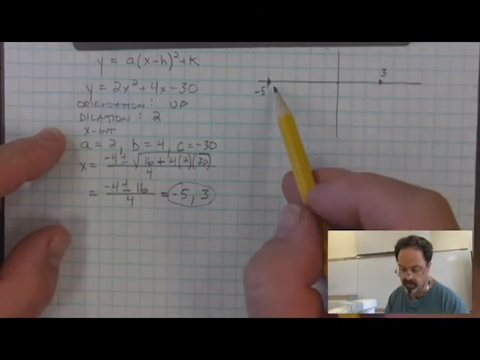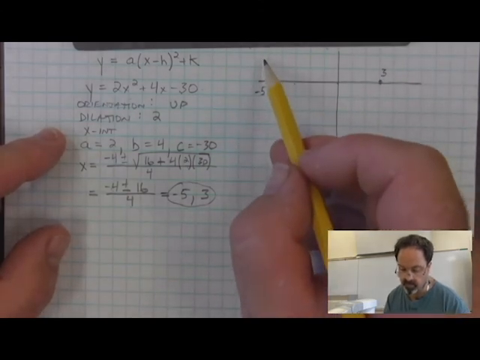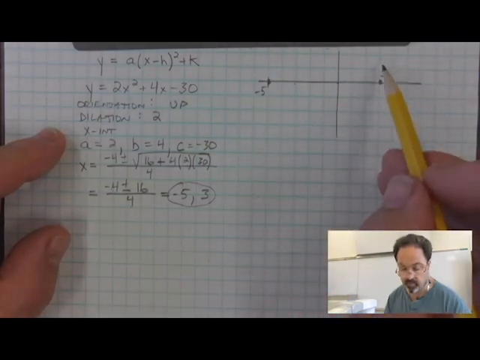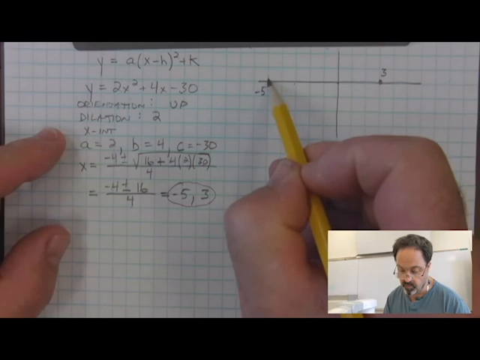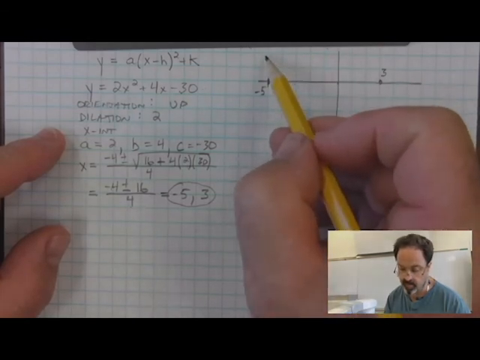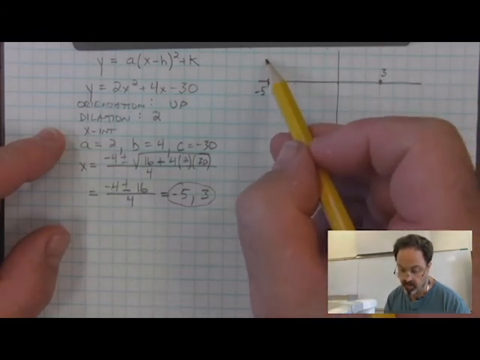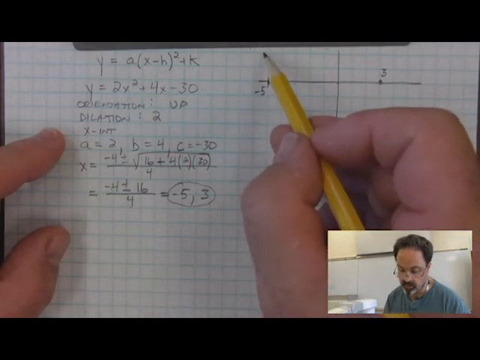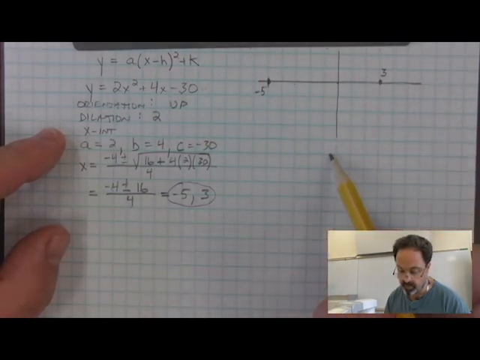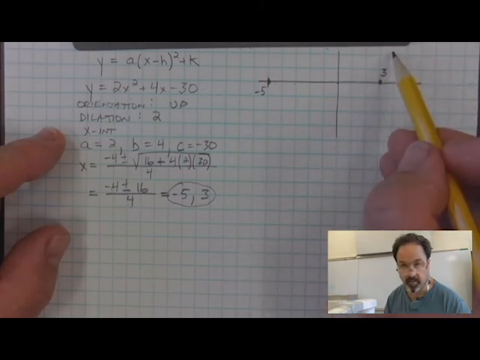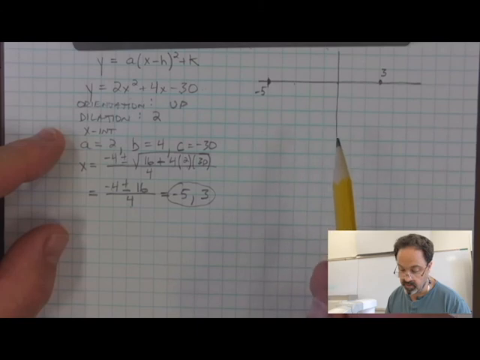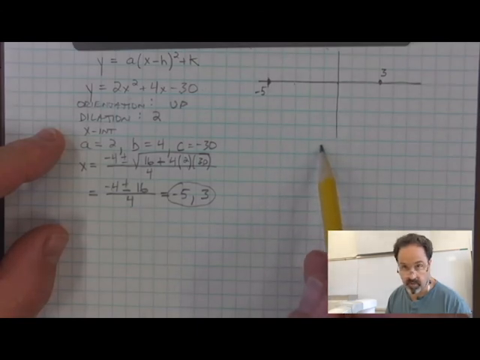And I know that it's going to be oriented up, so these intercepts are going to be the intercepts of a parabola that starts high, goes under the x-axis, and comes back up in order to be oriented up. So the vertex is going to be somewhere down here.